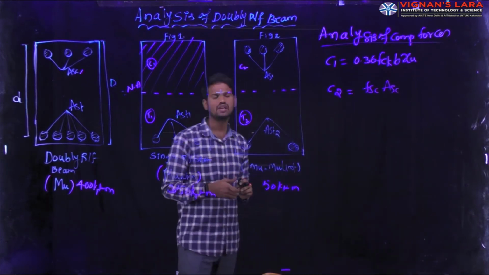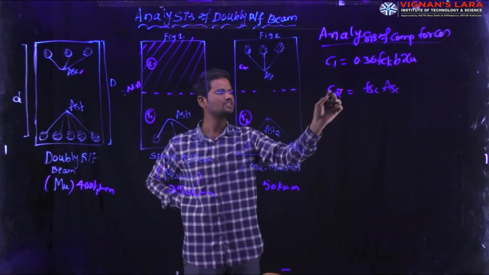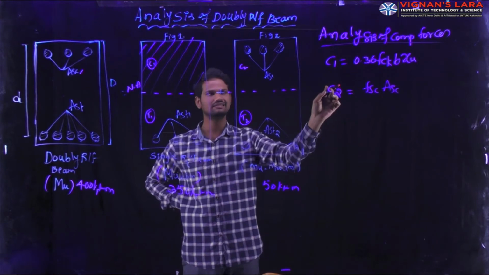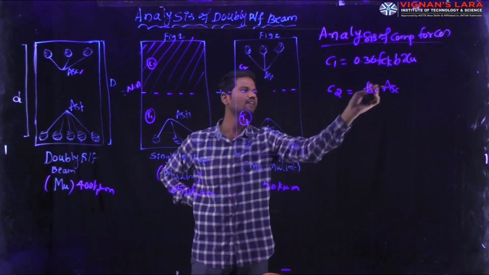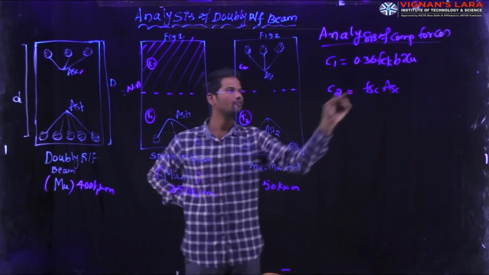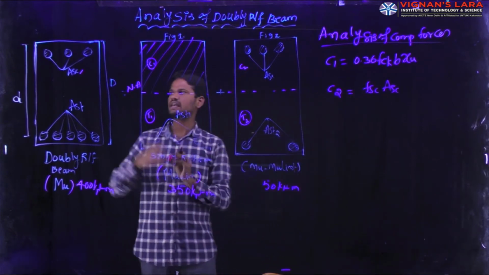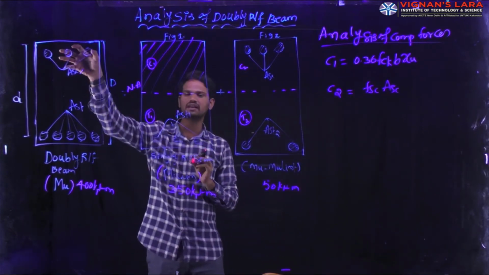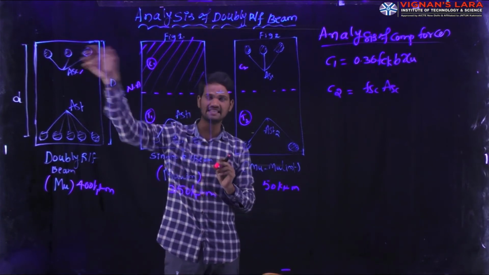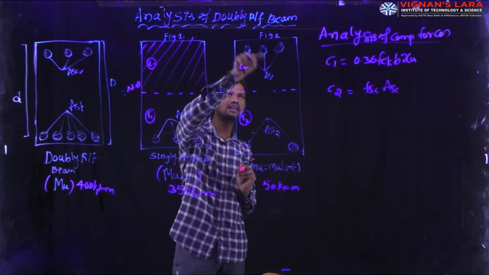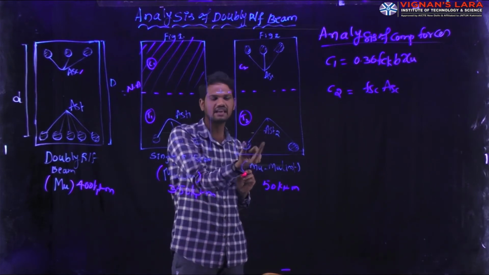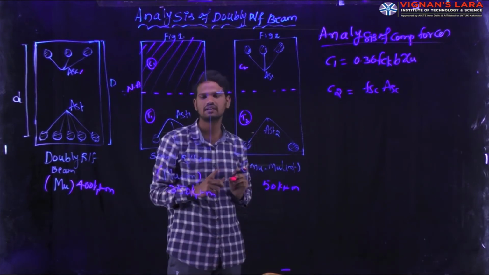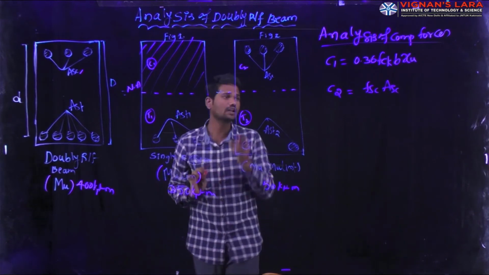That means the compressive force in the steel bars equals Fsc into Asc, where Asc is the area of the steel reinforcement in the compression zone, whereas Ast is the area of the steel reinforcement in the tension zone or bottom zone.